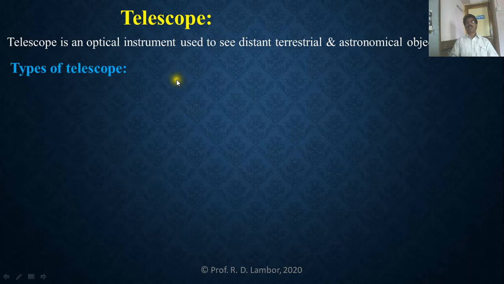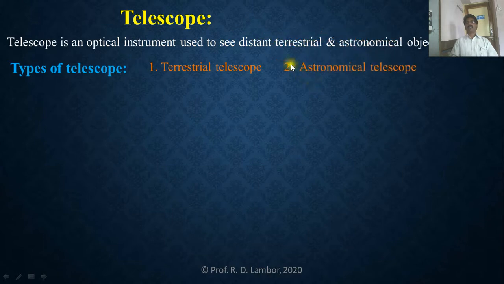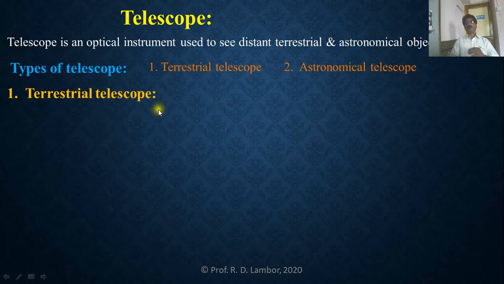So first type of telescope is the terrestrial telescope, and the second type is the astronomical telescope. So let us quickly go through terrestrial as well as astronomical telescope. See here, terrestrial telescope. For what purpose is this terrestrial telescope used?